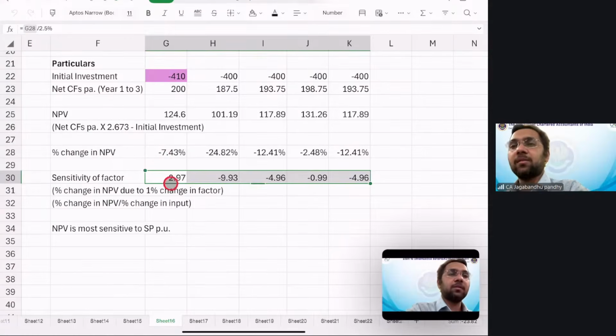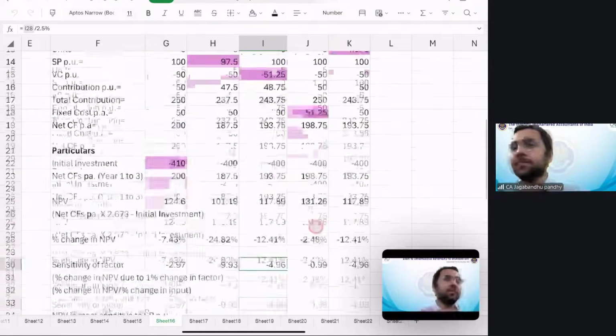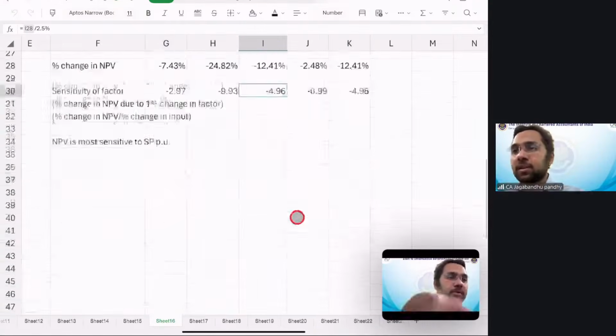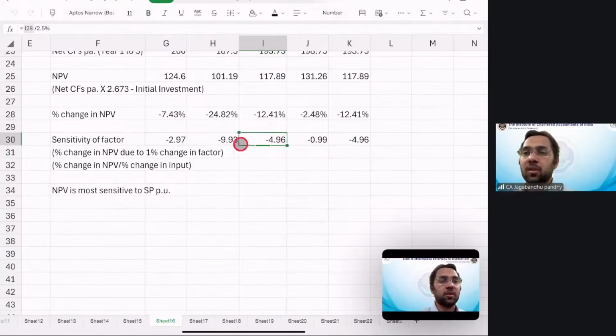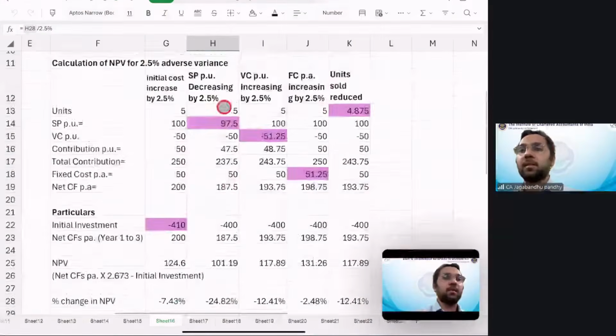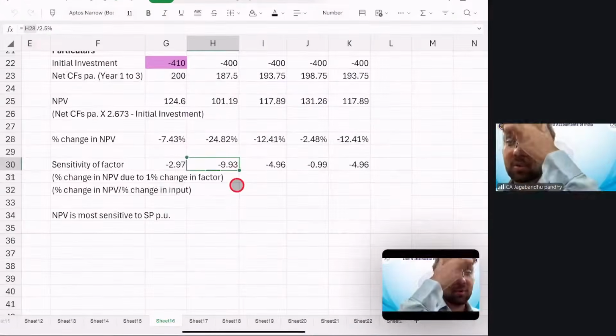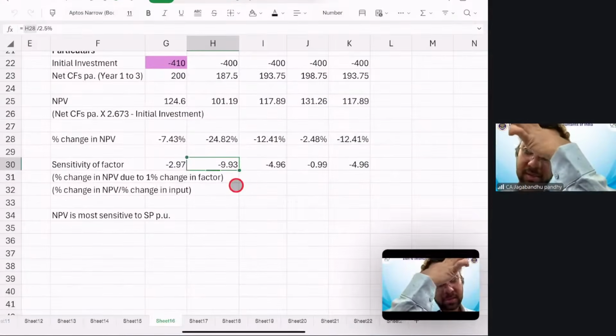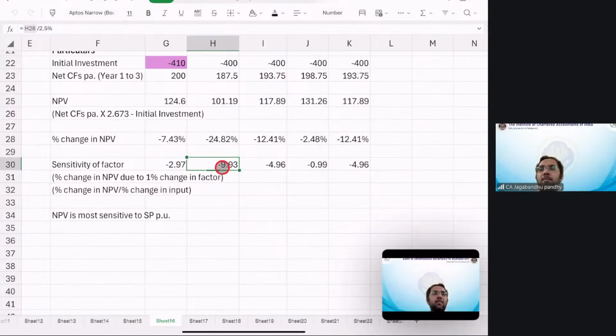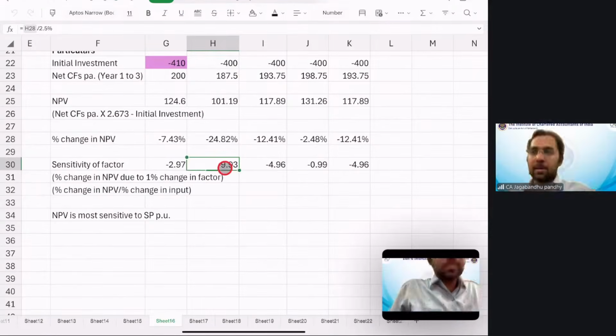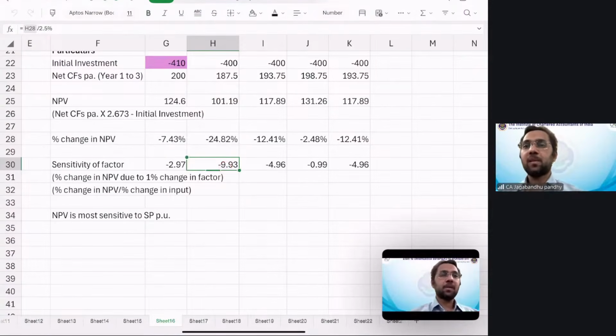We find that the most sensitive one is, my bad, the selling price, because 1% change in the selling price is going to cause a 9.93% change in the NPV.